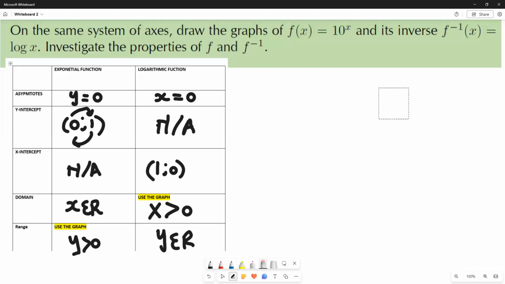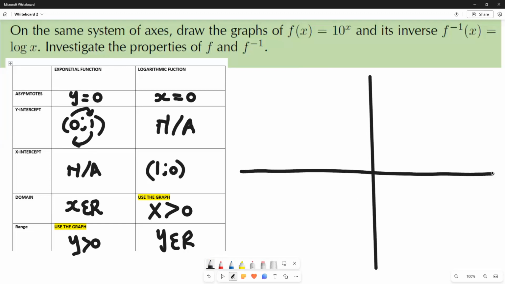And now they want us to sketch the graphs, right? We have investigated the properties. They are just switching. Now let's sketch the graphs and see. I'm going to sketch the graphs here. So I'll say 1, 2, 3, 4, 5.